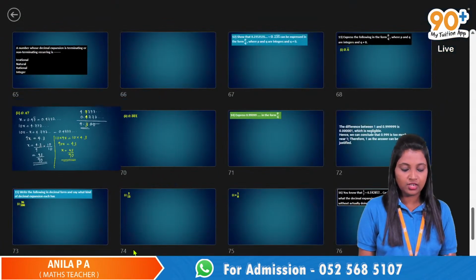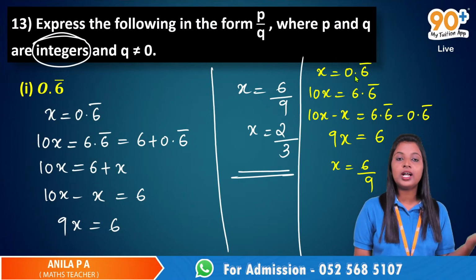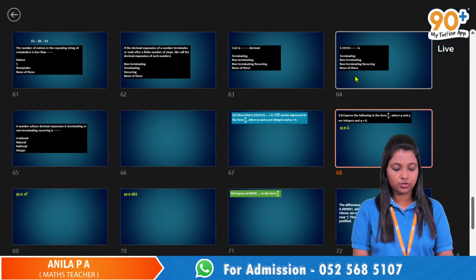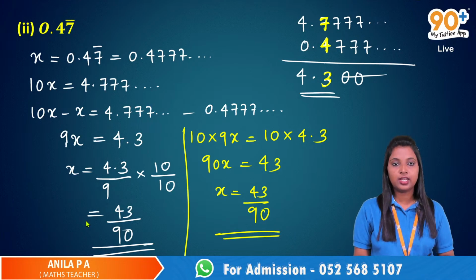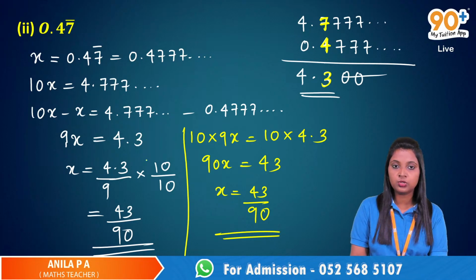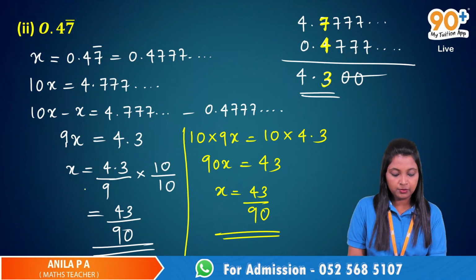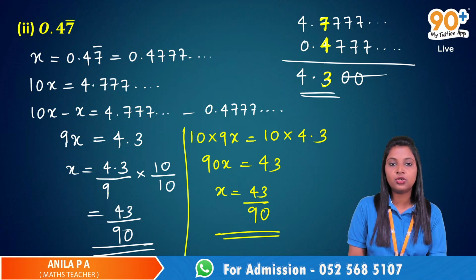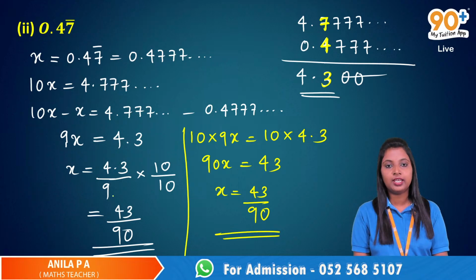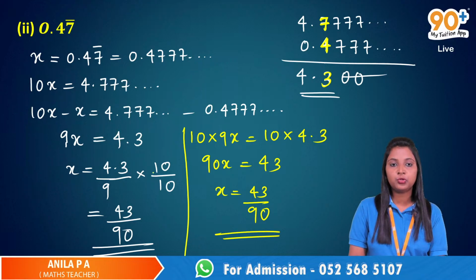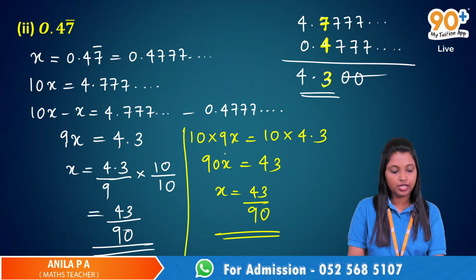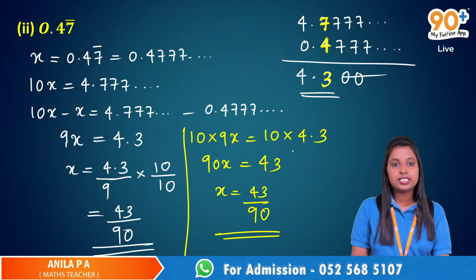It is clearly given in the question, right? p and q are integers and q is not equal to 0. So please don't write the final answer as 4.3 by 9. At least from this step you have to multiply by 10 by 10, or here you can multiply both sides by 10.